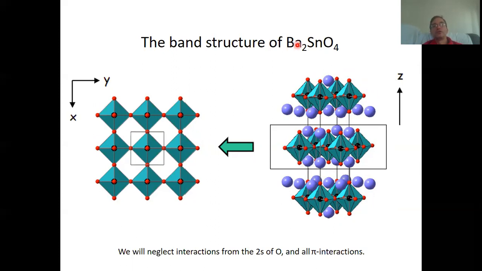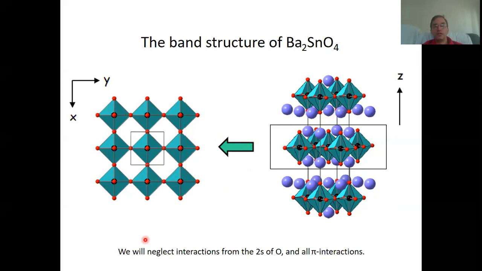Okay. So in the following, we will develop a qualitative band structure for one of these sheets, whereby we will make here the simplification that, of course, the orbitals within that sheet would also interact somehow with the barium ions, and we neglect that in the third dimension.